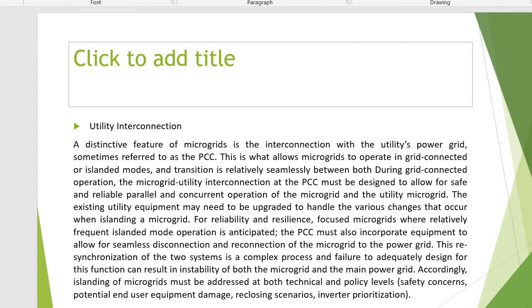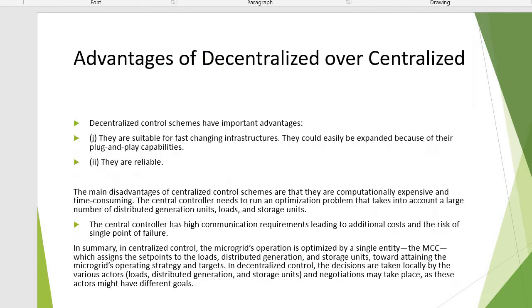Resynchronization of the two systems is a complex process, and failure to adequately design for this function can result in instability. If any kind of failure occurs, that will lead to instability of both the microgrid and the main power grid. Accordingly, islanding of microgrids must be addressed at both the technical and policy levels, taking into view safety concerns and user equipment damage, reclosing scenarios, etc.